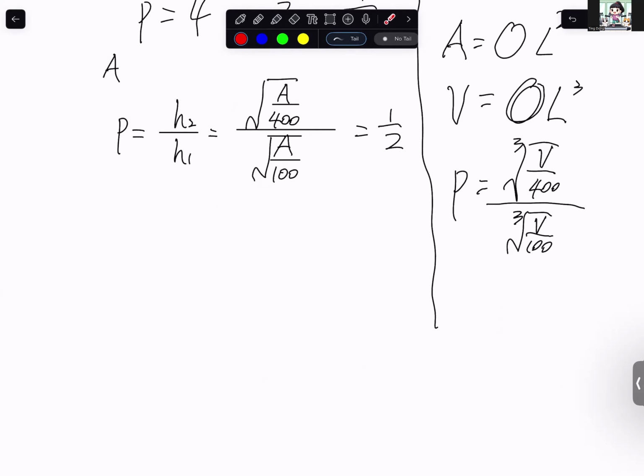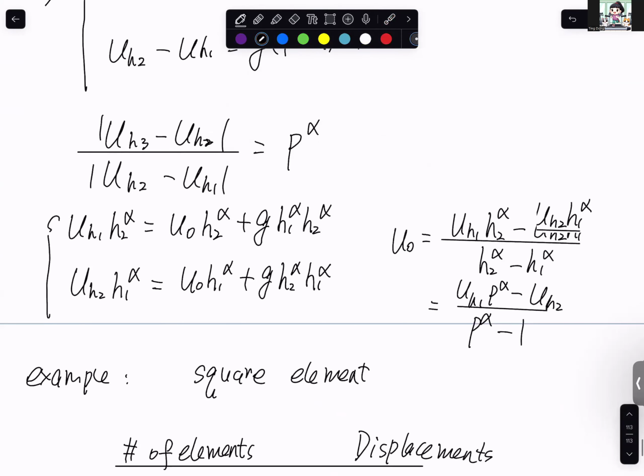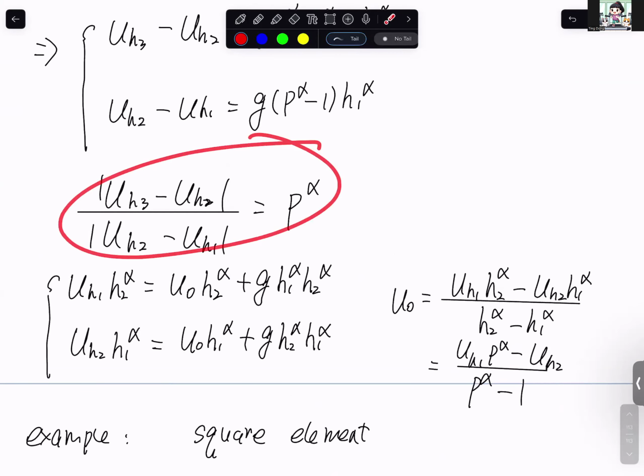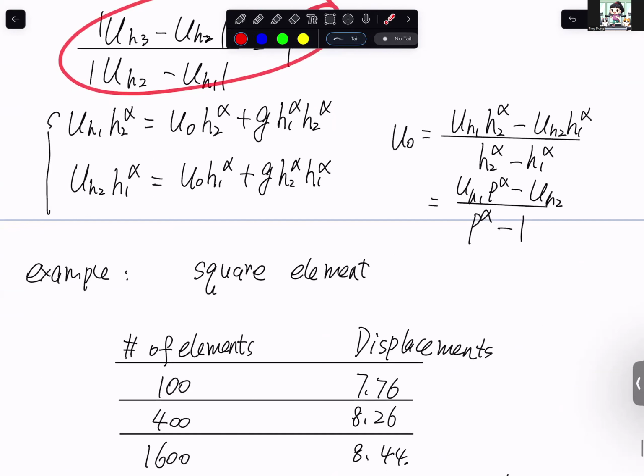So this is the p-value. Let me quickly finish this part. The rest of the calculation is simple. Since we have these two equations, we just use them directly. This one to calculate alpha, and we use this one to calculate U naught.